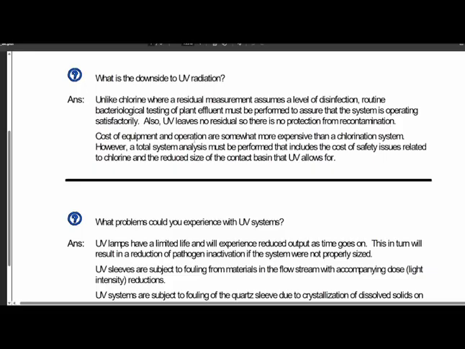The cost of equipment and operation are somewhat more expensive than the chlorination system. However, a total system analysis must be performed that includes the cost of safety issues related to chlorine and the reduced size of contact basin that UV allows for.